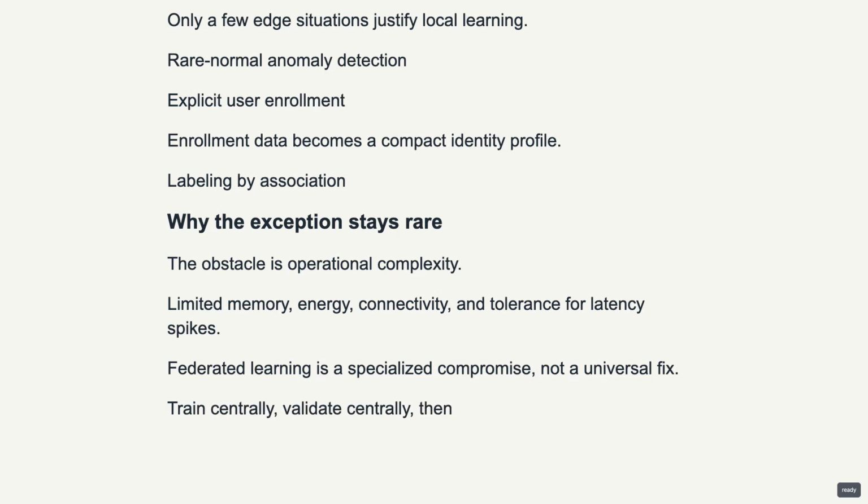The common production path is still to improve the model in the lab or cloud, and then push the new version to the fleet. That keeps monitoring, rollback, and auditing much simpler than letting every device rewrite itself.